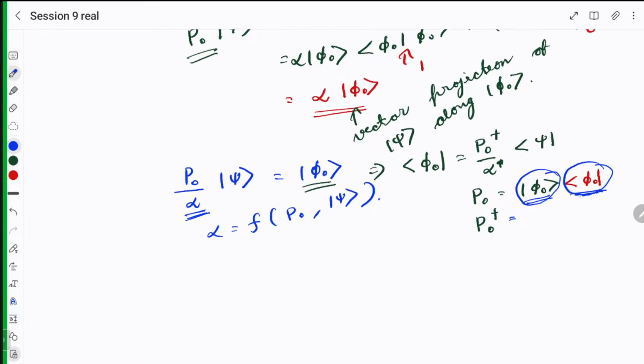So the ket phi naught will come first, but if you take the dagger of the bra, you will get the ket, so you get ket phi naught, and the dagger of the ket will give you the bra.